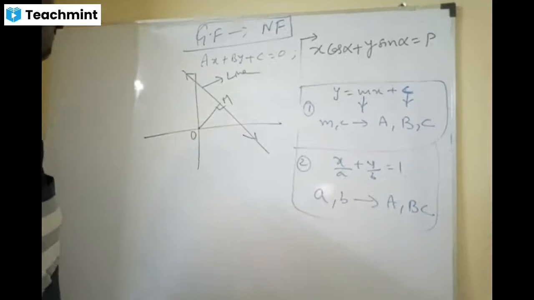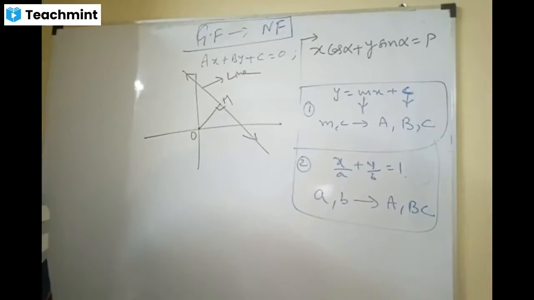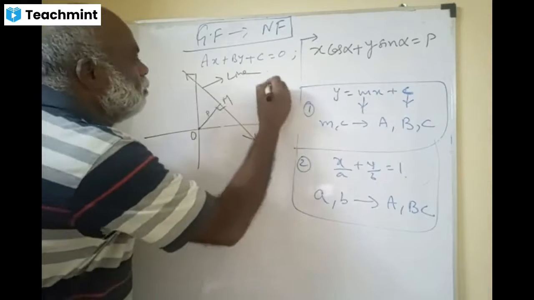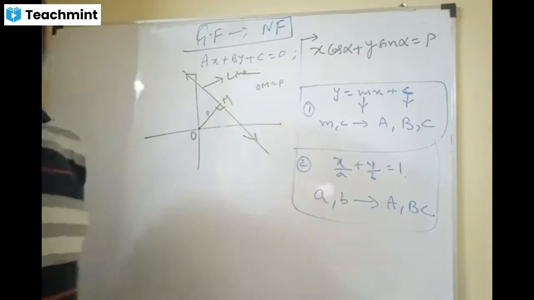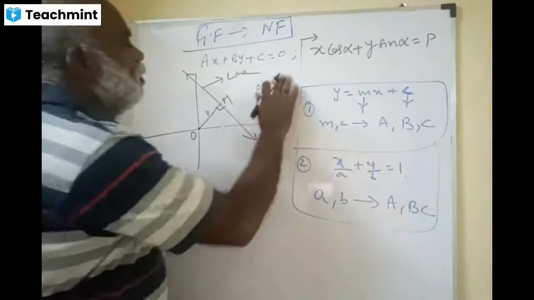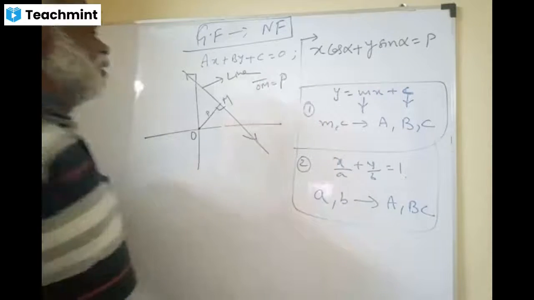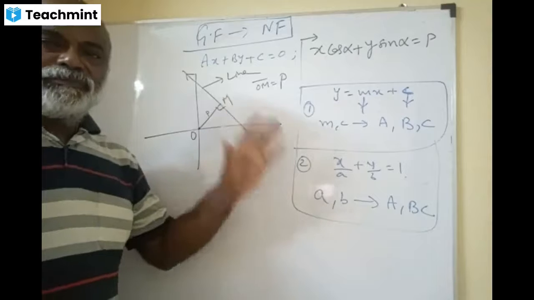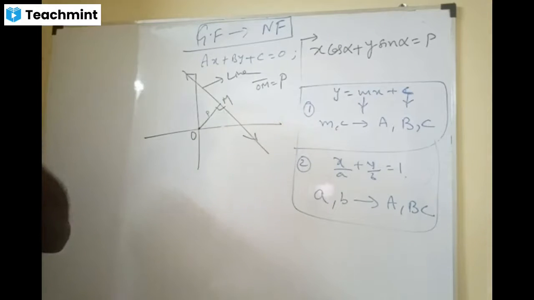You need to focus, please. This OM length is called p. This OM equal to p. Yes or no? OM is equal to p. That length, say 5 centimeters, 5 units, is called the length of the normal.